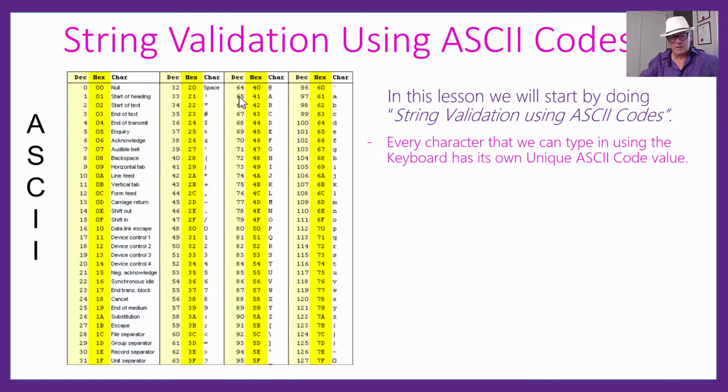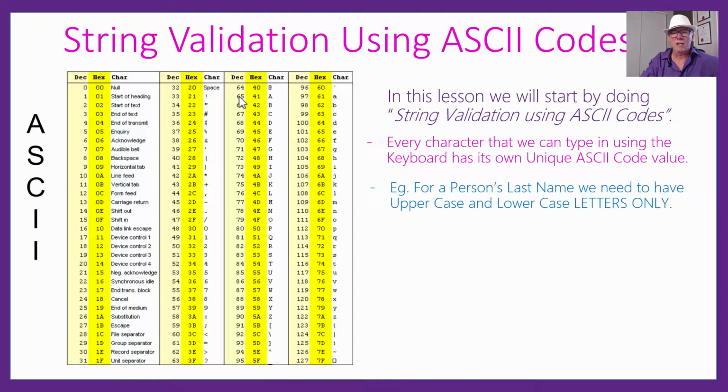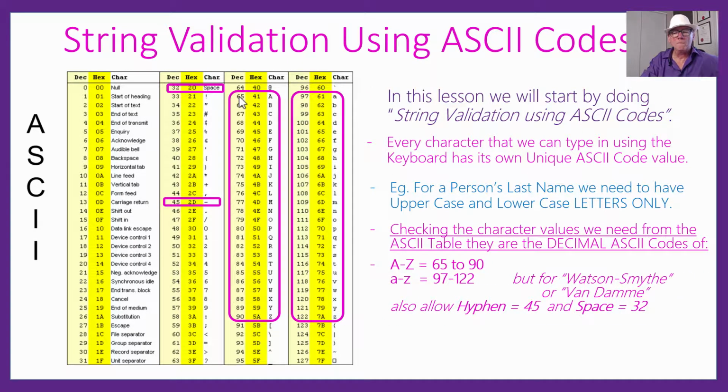Now, people might be thinking, that's kind of really crazy. So we'll get to that in a minute. For our person's last name, we need to have letters, big letters and lower letters. So I only want letters in the name.